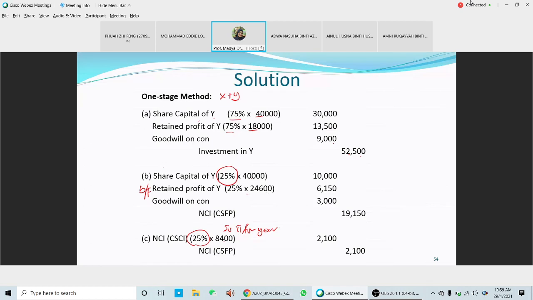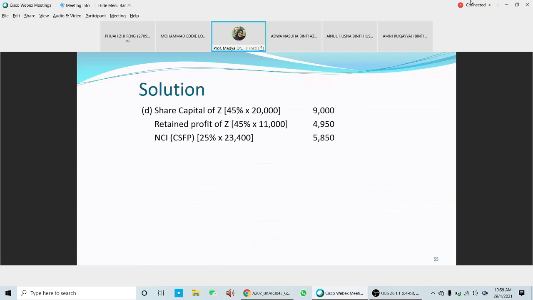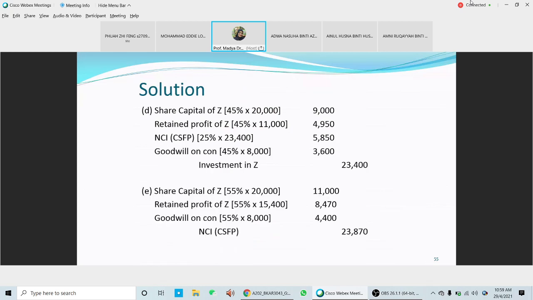Okay, now we're going to look at the Z. So inside here, we are going to have X and Z. So X and Z here, at the beginning, X has an indirect interest of 45%.